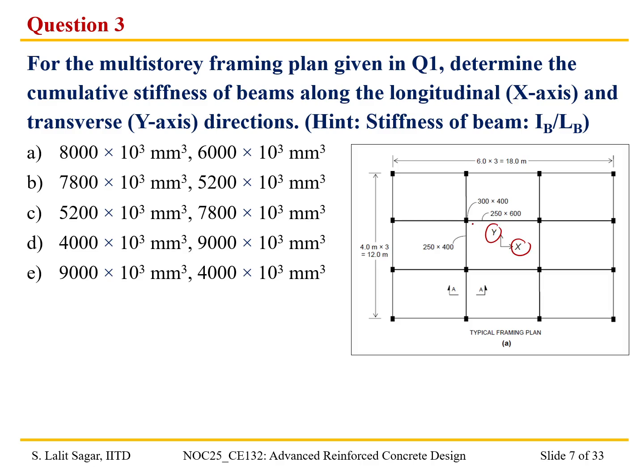Now we need to determine the cumulative stiffness of the beams along both these directions. Again the hint is given: stiffness of the beam is given by IB by LB, where IB is the moment of inertia of the beam, and LB is the center to center span. Okay, let us proceed now.